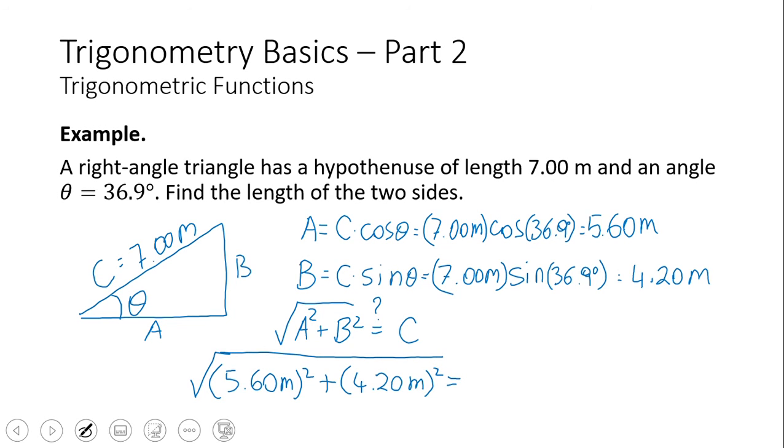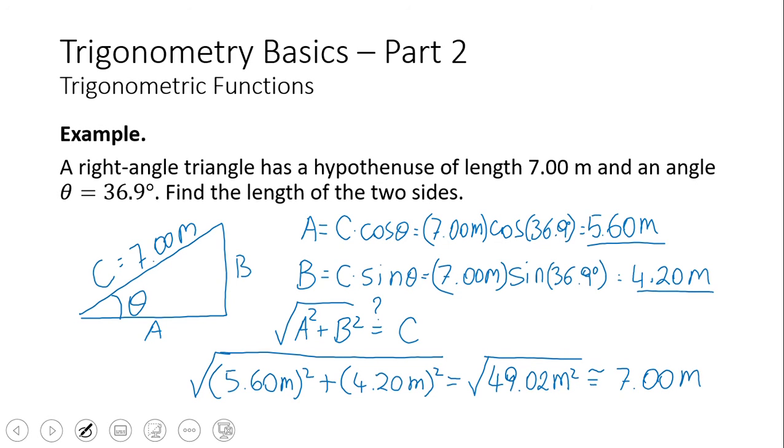If you do this in your calculator, you get 49.02 meters squared. The square root of 49.02 is very close to 7. The only reason they're not identical is because I rounded these two numbers in my answers, but you can see that up to rounding, this gives you indeed the hypotenuse that we started with.